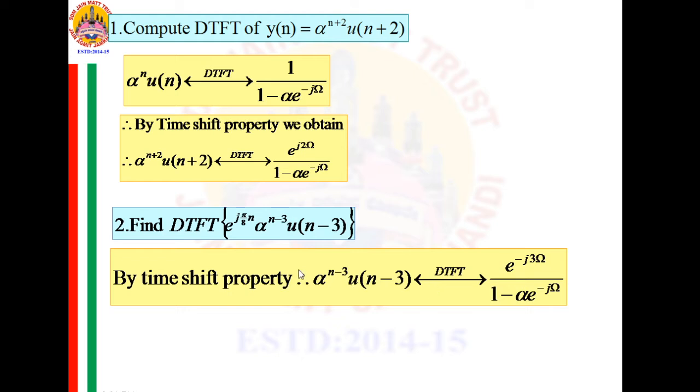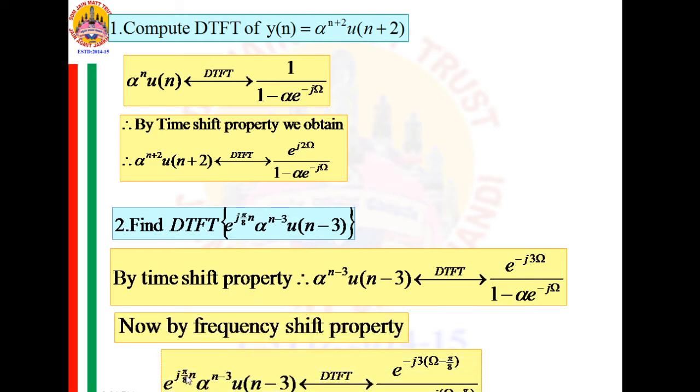Now, when this is multiplied by the exponential term e raised to j pi by 8 n, then accordingly the frequency component omega will get shifted by the gamma term which is added here. So, in this case gamma is pi by 8. So, omega will be replaced by omega minus pi by 8.